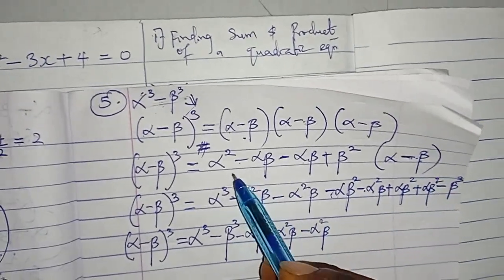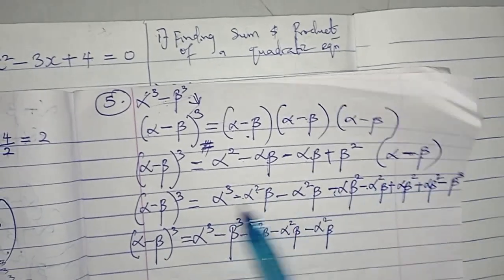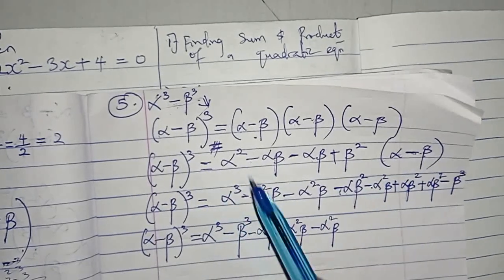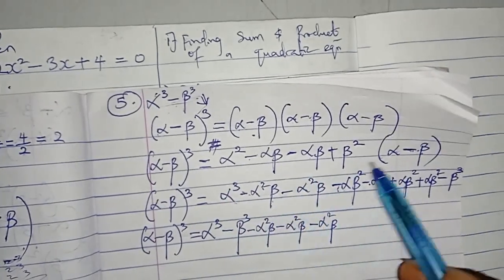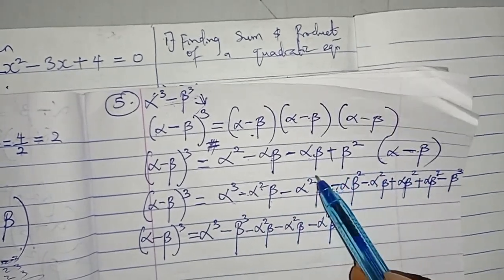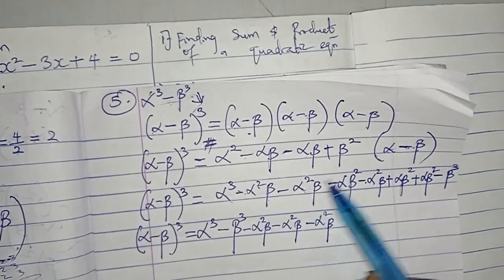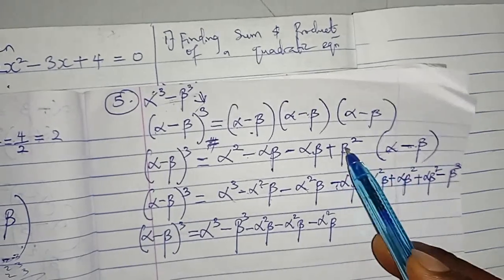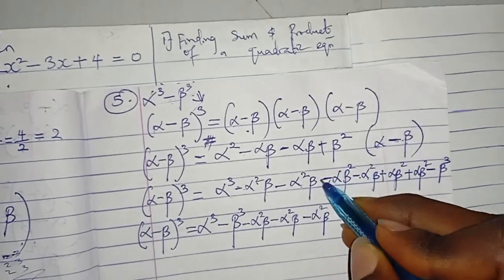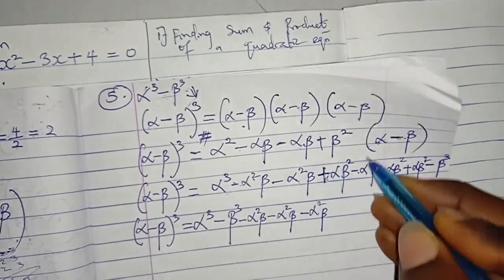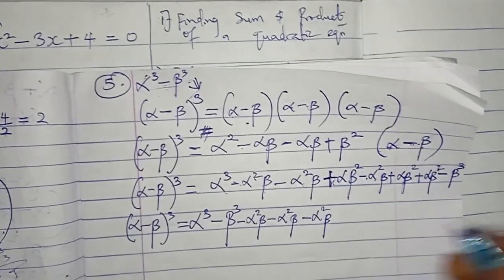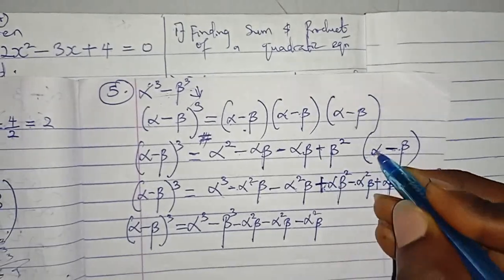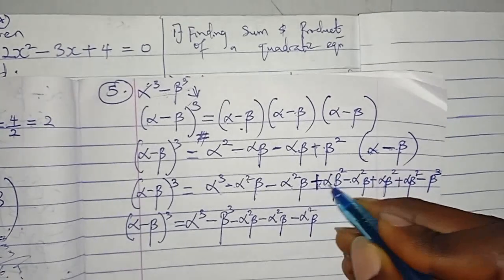So you see I have this is plus, so it's plus alpha beta square.